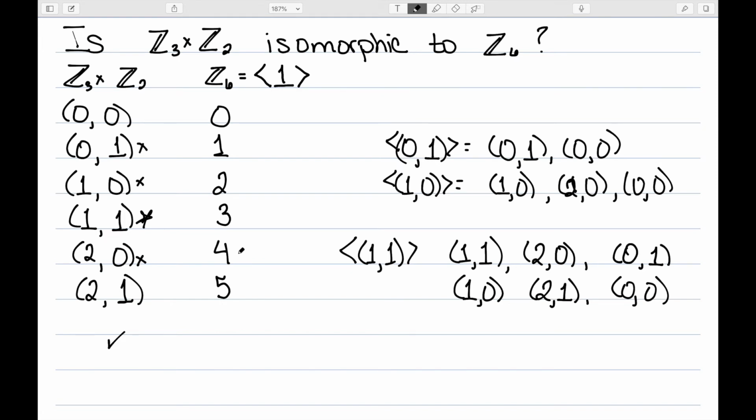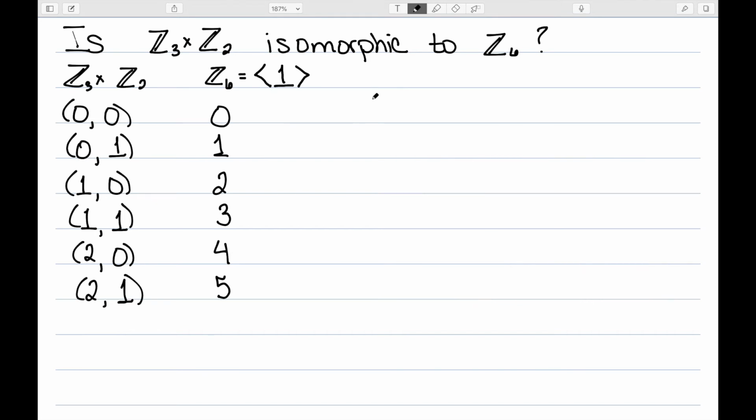But we still need to figure out the actual operation, the actual function. One of the nice things about cyclic groups that you should try to prove is that the isomorphism is going to map a generator to a generator.